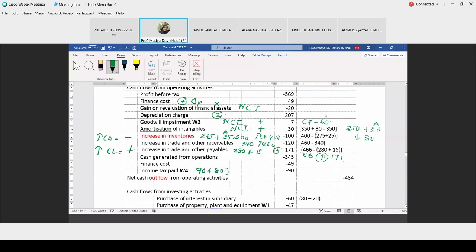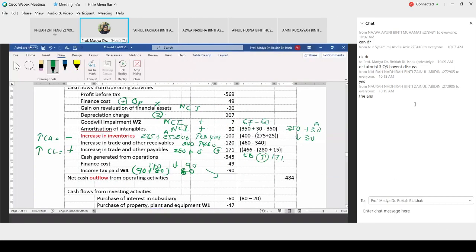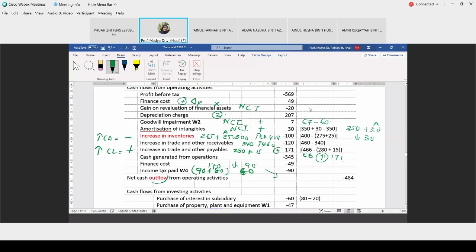So altogether we have 170, compared with the ending balance in the tax payable of 80. So reducing by 90. Reduce here means that you paid. So in this case, you're going to have a net cash outflow, because we have a negative figure, negative 484.